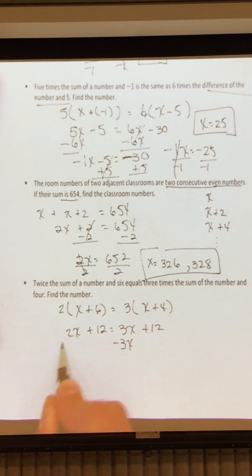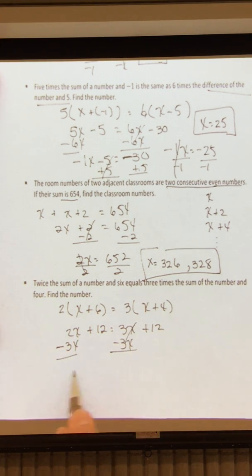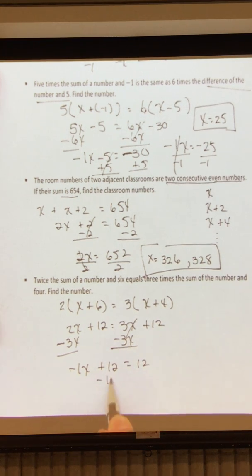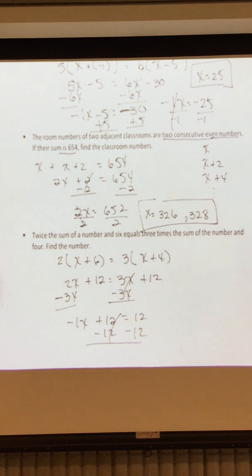Subtracting 3x from both sides. 2 minus 3 is negative 1x, plus 12 is equal to 12. Subtract 12 from both sides. You have negative 1x is equal to 12 minus 12 is 0. Therefore, your answer is 0.